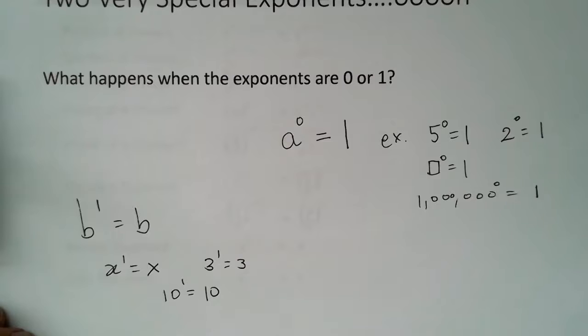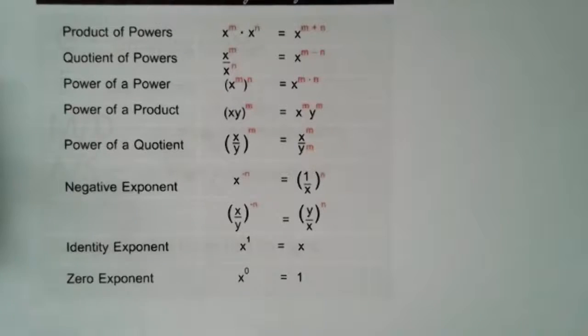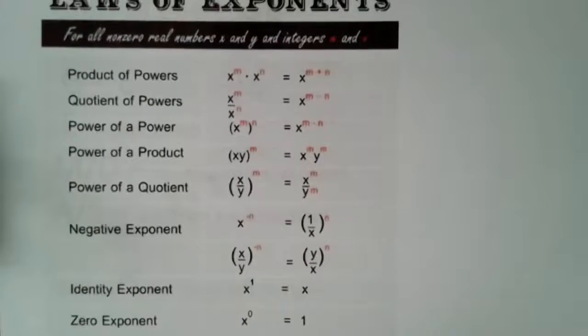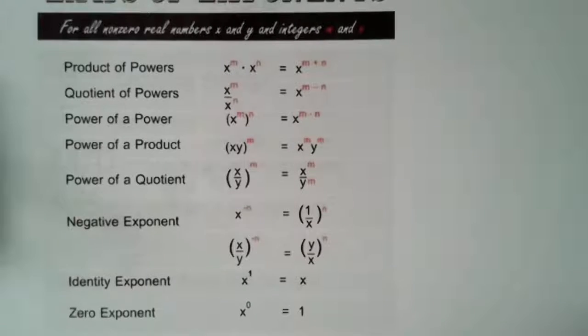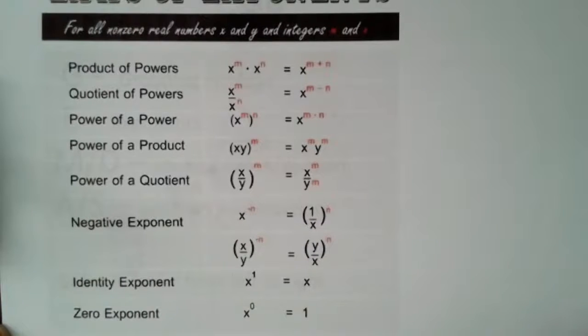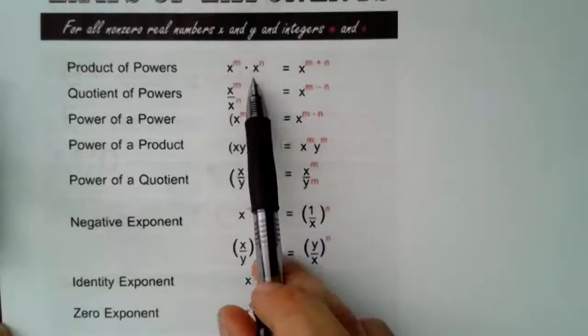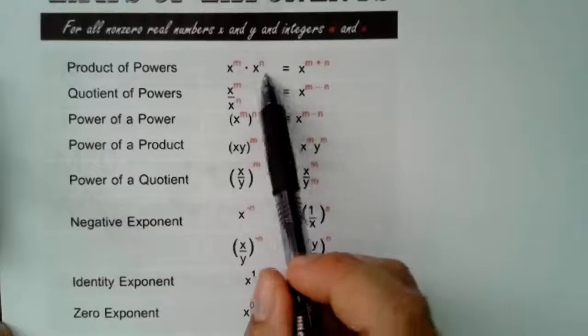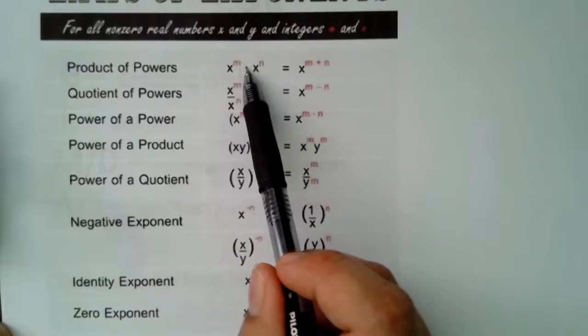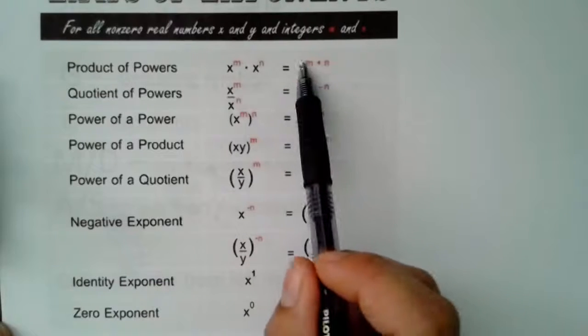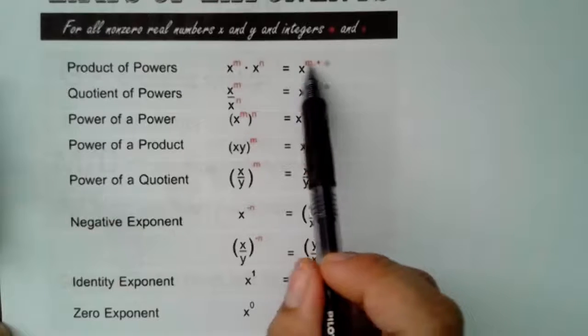In the future, we're going to go through some of these more in depth, but I wanted to talk about the fact that exponents have properties. Just to give you a sneak peek, if you have the same base with different exponents and you multiply those together, you can add the exponents.